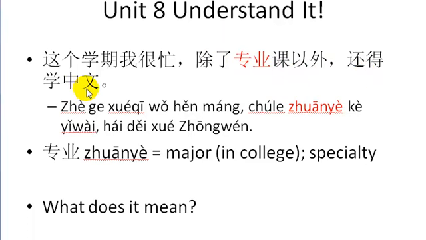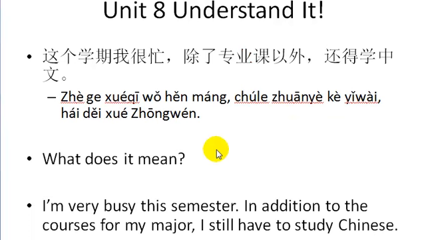Pause this last part here, 还得学中文. This last part you should understand. So pause and write down what you think this sentence means in English. Hopefully you came up with: 这个学期我很忙, I'm very busy this semester. 除了专业课以外, in addition to the courses of my major. 专业 is major and 课 is course or courses.